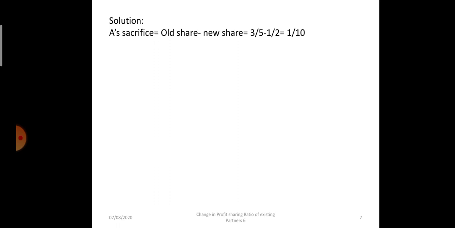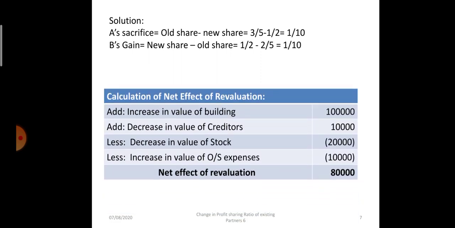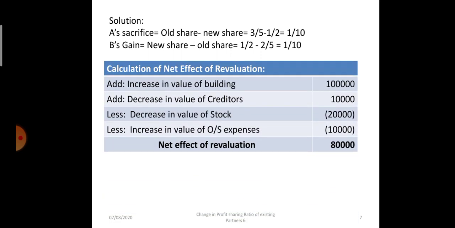First we have calculated the sacrifice. A's sacrifice is old share minus new share, 3/5 minus 1/2, it is 1/10. In the same manner B is gaining 1/10 of share. So we will calculate the net effect of revaluation. Increase in the value of building will be added, and decrease in the value of creditors will be added, and decrease in the value of stock is deducted, and increase in the value of outstanding expenses is deducted.